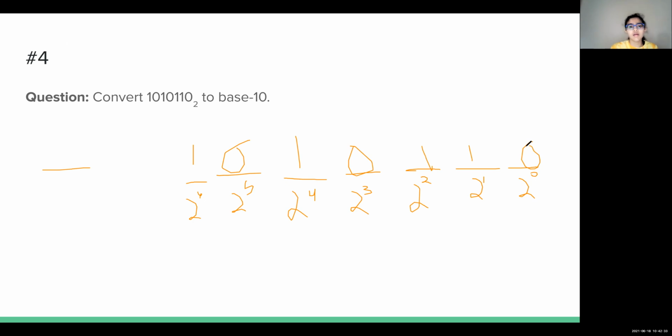And basically, we take 2 to the power of 6, and again, that's 64. We add that to 2 to the power of 4, which is 16. We add that to 2 squared and 2 to the 1, which are just 4 and 2 respectively, and we get 86. All right, most of you guys got it right.